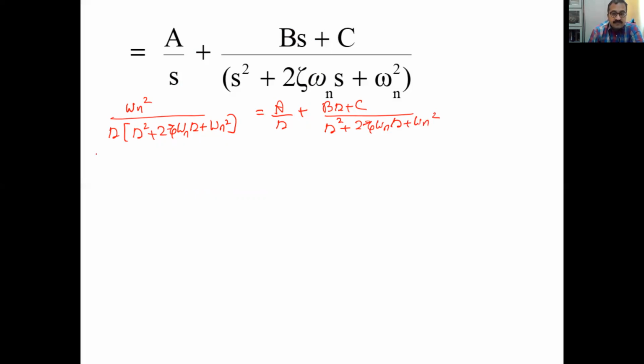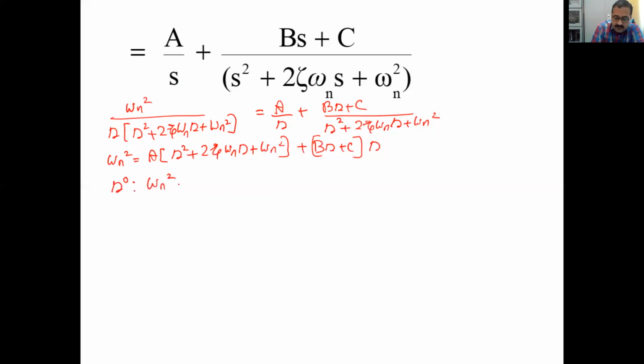You multiply both sides with the denominator. So you will get omega n square equal to A into s square plus 2 zeta omega n s plus omega n square, plus B s plus C into s. Now we equate the like terms. Coefficients of the constant term, or s raised to 0 term: left hand side we have omega n square, right side we have A into omega n square, which means A is equal to 1.